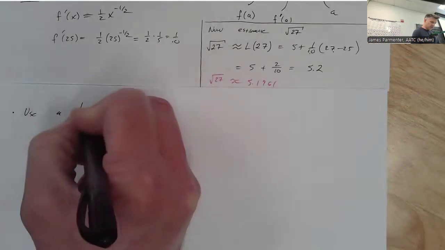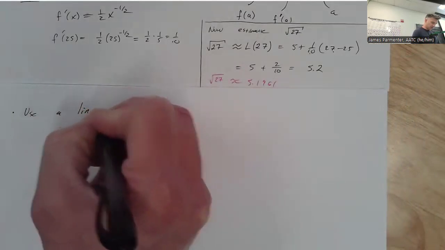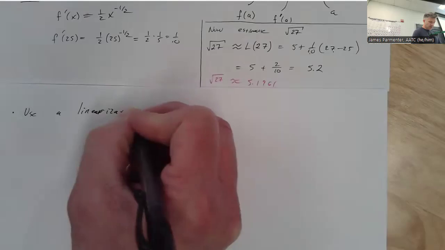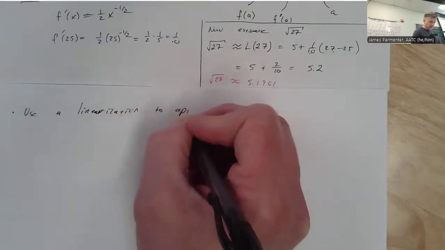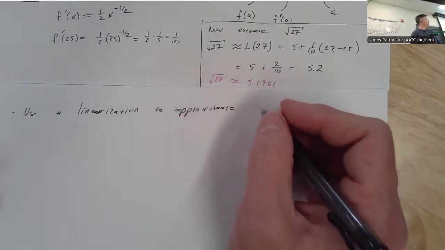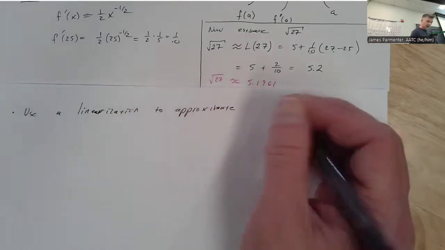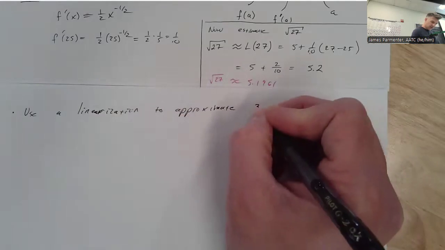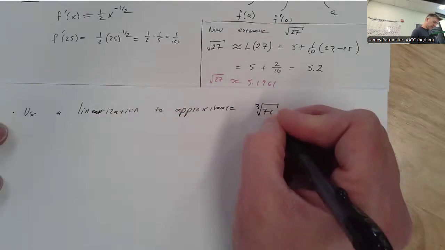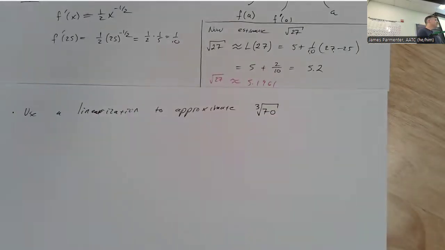Use a linearization, gosh, long word to spell, to approximate, what do you want to approximate? How about the cube root of 70? Kind of gross, but fine.